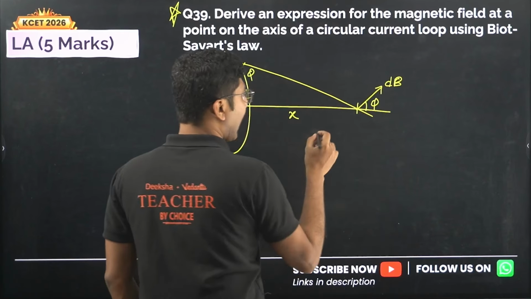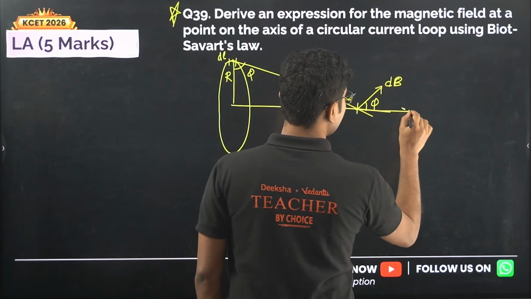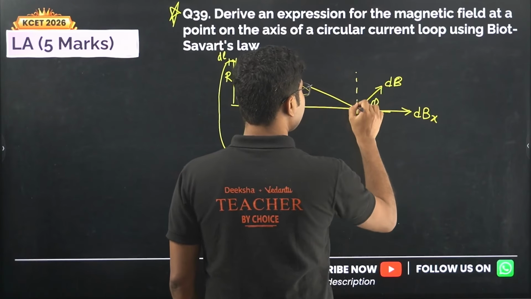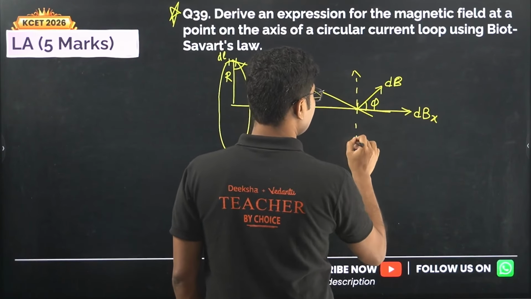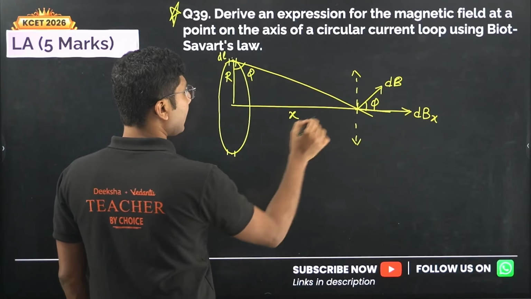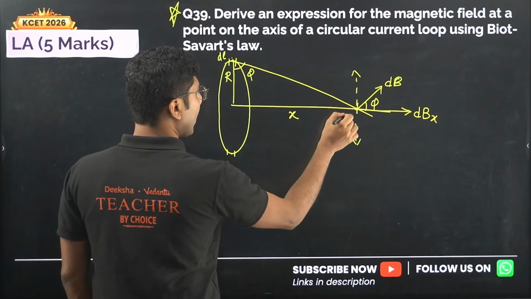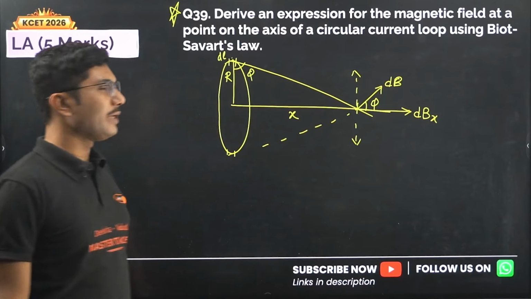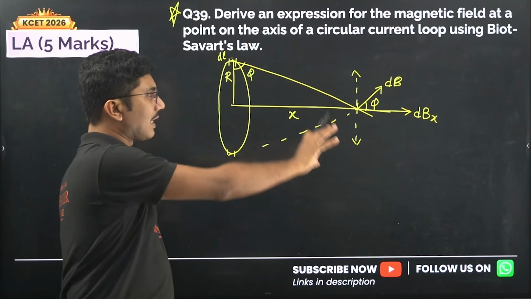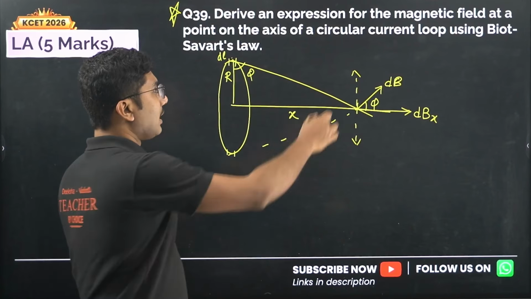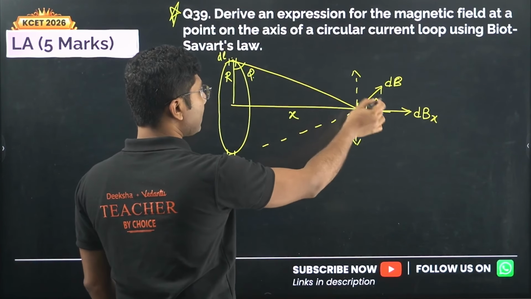Only the component that exists over here will be dBx, as the y components will cancel, because if you consider a diametrically opposite point, then the y component will cancel, but the x components are all in the same direction, so they will be added. Just the diagram is sufficient, you don't need to draw everything, but the major thing is this angle equals this angle.